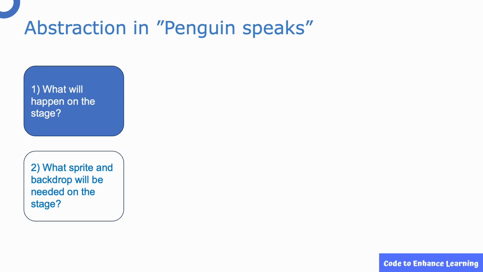We think about two things. One is what will happen on the stage, and the second is what sprite and backdrop do we need. When we think about this, we understand that the penguin has to move in a direction while saying the direction it is moving. So we put that down.